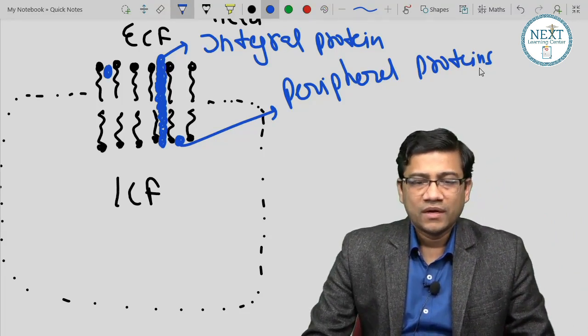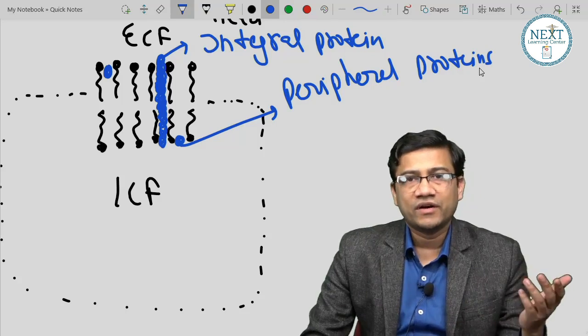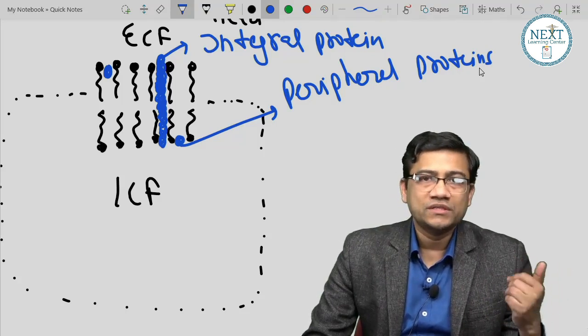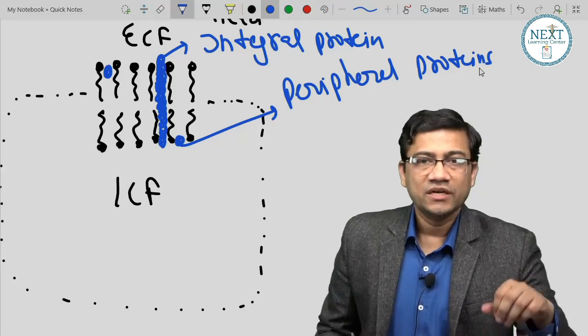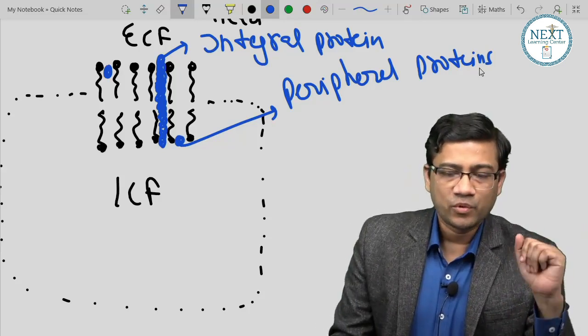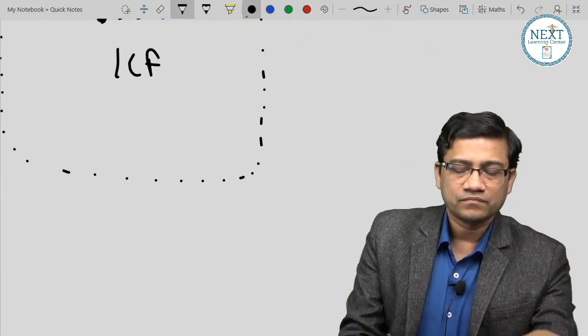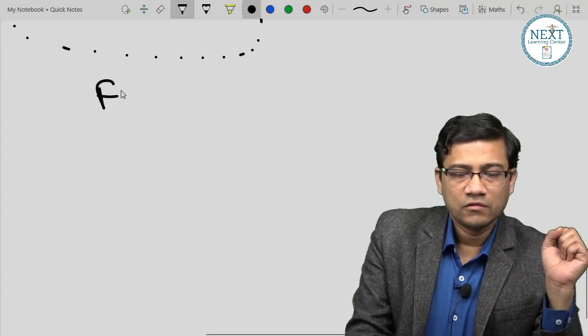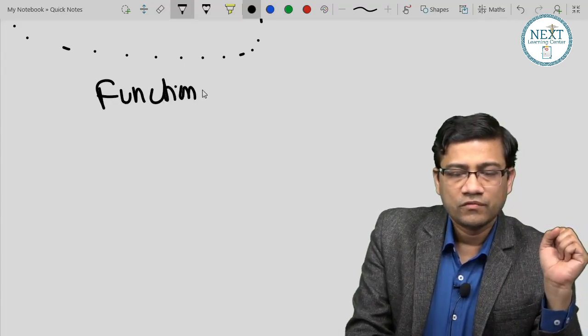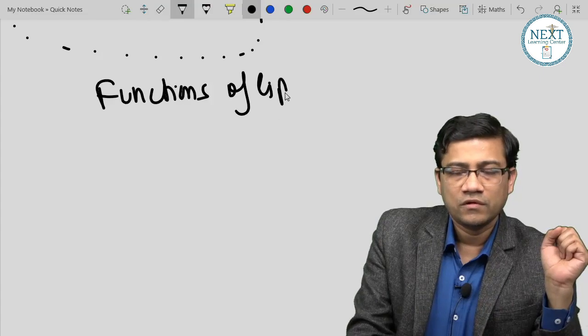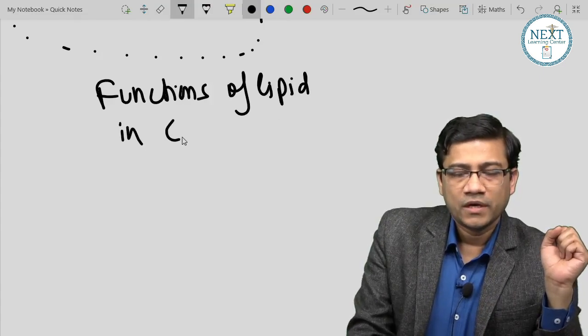Okay. Next, what are the functions of the lipids and proteins in the cell membrane? So let us see the function of lipids and the proteins. Functions of lipid in cell membrane.